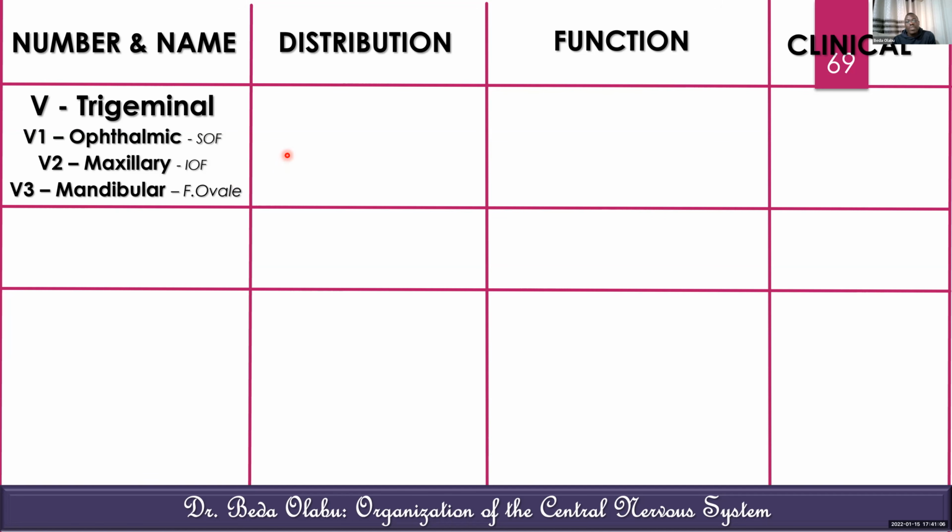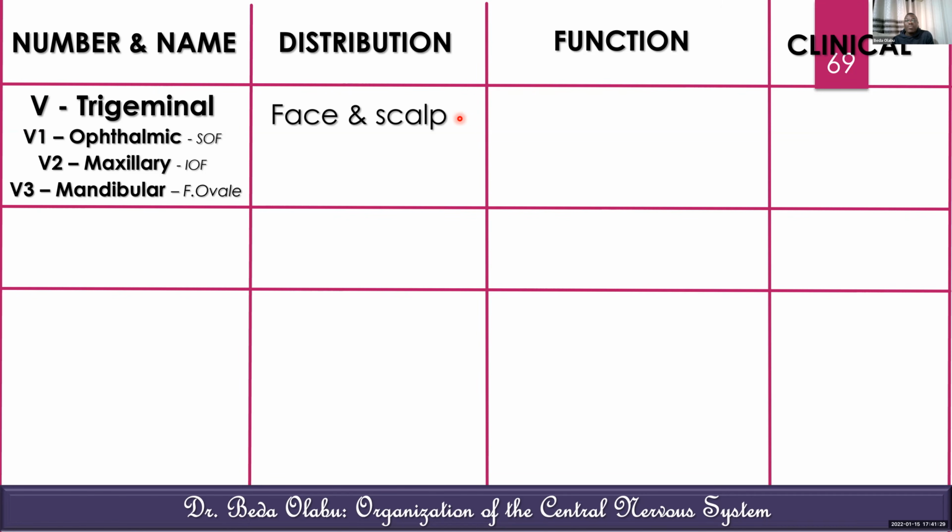Whether ophthalmic, maxillary, or mandibular division, the trigeminal nerve goes to the face, or let me say comes from the face, because the sensory division was a large division we saw. So these sensory nerves come from the face and anterior scalp.